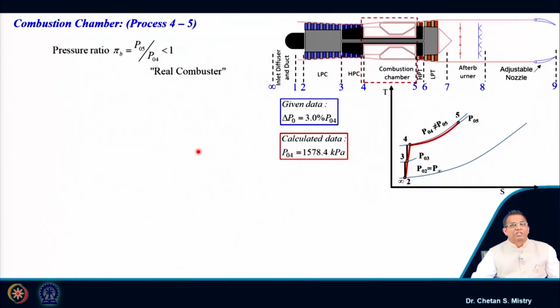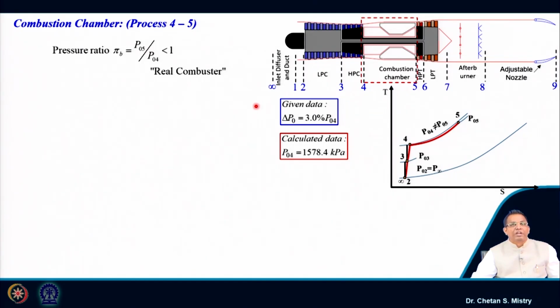Now, the next component we have is our combustion chamber. For this combustion chamber, we consider the ideal process as a constant pressure heat addition process, where my fuel and air get ignited and release energy. So, we can say it is an energy input or heat input process.